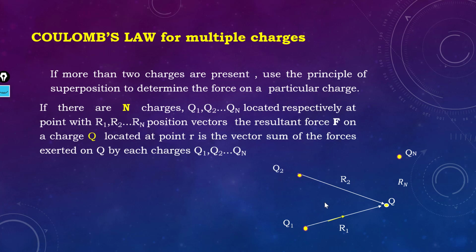If there are n charges Q1, Q2, up to Qn located at points R1, R2, Rn, that is, position vectors, then the resultant force F on the charge Q located at point R is the vector sum of all the forces exerted on Q by each of the charges Q1, Q2, up to Qn.